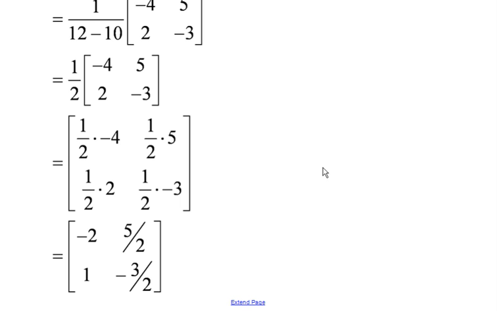We multiply 1/2 by each term, or each entry, in the matrix. And so when we multiply, we get -2, 5/2, 1, -3/2.